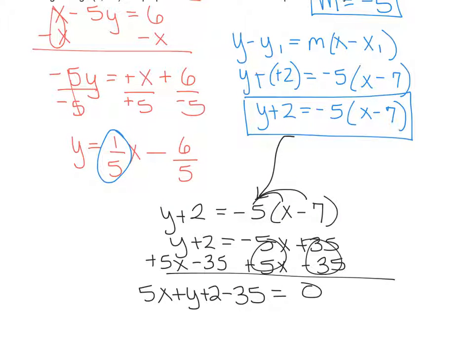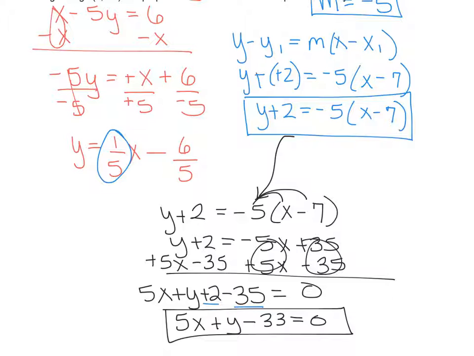And I can combine like terms, so the positive 2 and the -35 make a -33. So my equation is 5x plus y minus 33 equals 0. And this is the general form of the equation.